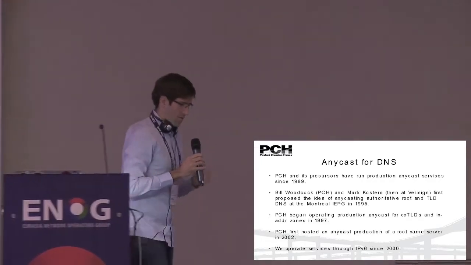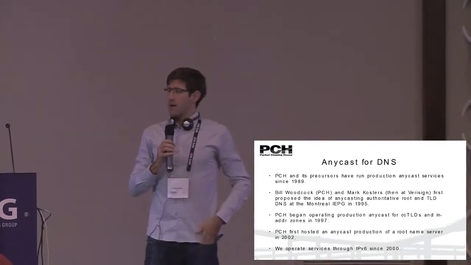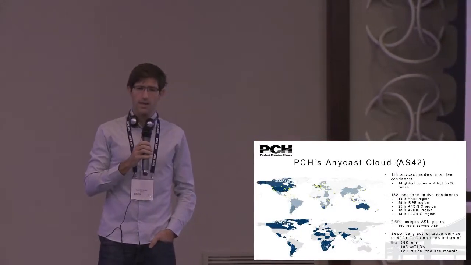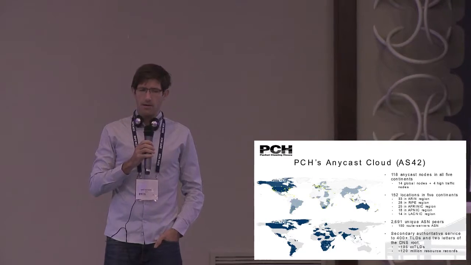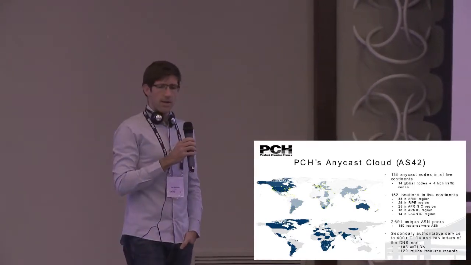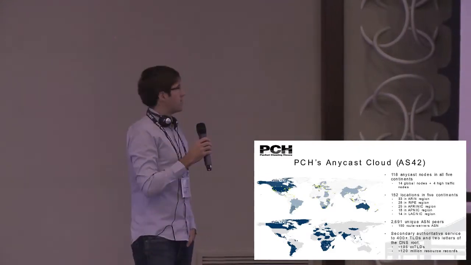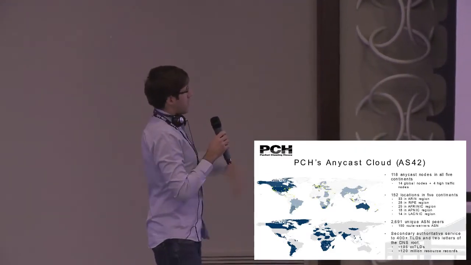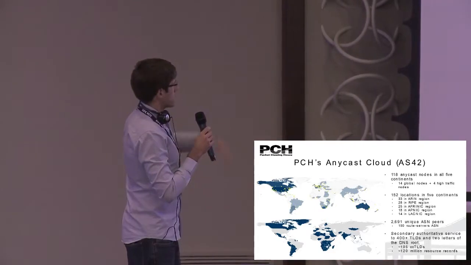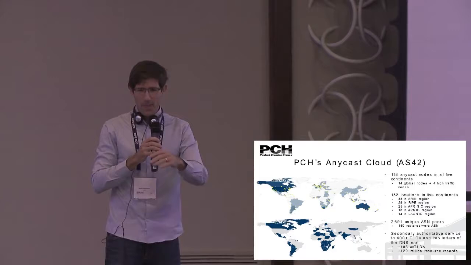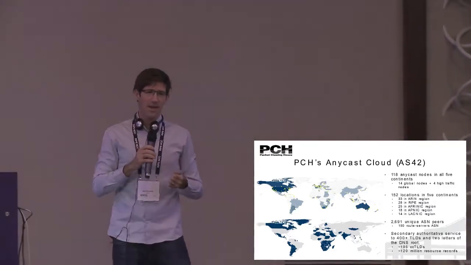So for some of you that might not know, this is how our Anycast cloud looks like. We operate this cloud in the autonomous system number 42, and the image on top, apologies, the contrast doesn't look very good, so it looks like half of the world is there and half is not, but on the presentation you'll be able to see it.